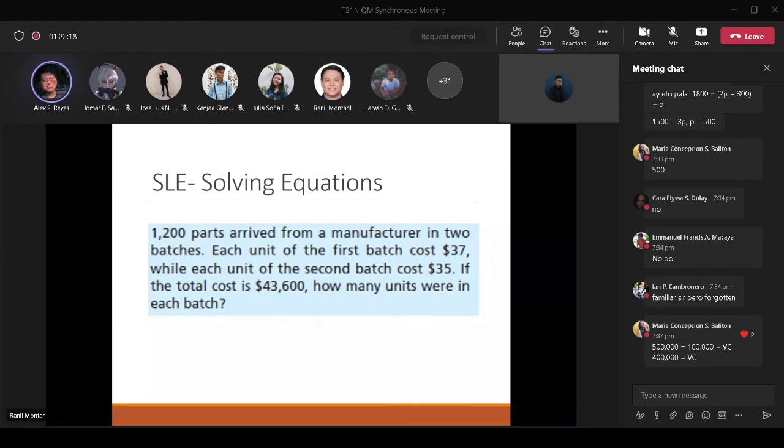Each unit of the first batch cost $37, while each unit of the second batch cost $35. If the total cost is $43,600, how many units were in each batch? Yes. So this is unknown, the batch 1 and the batch 2. Normally yun no, guys. Totoo nangyayari to sa buhay natin.